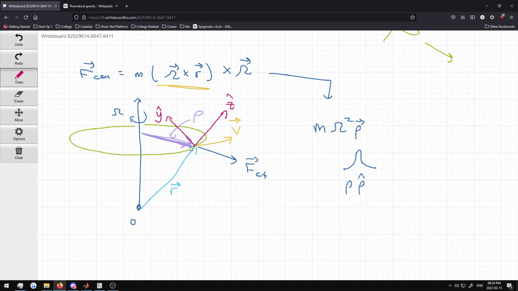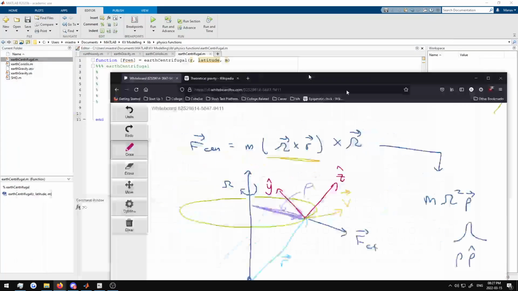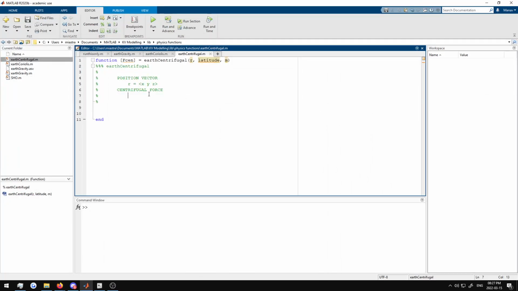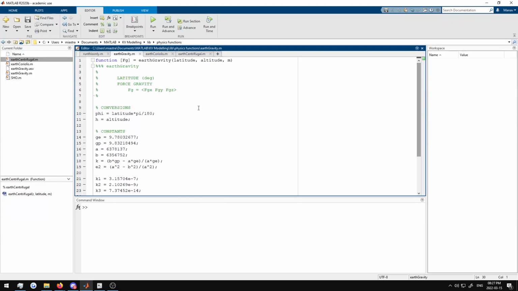And there's no component of this in that direction. This will fall purely into these two values. So let's just do that. So we have f centrifugal, and this is going to be 0, f_y, f_z. So these two will also be 0, right?